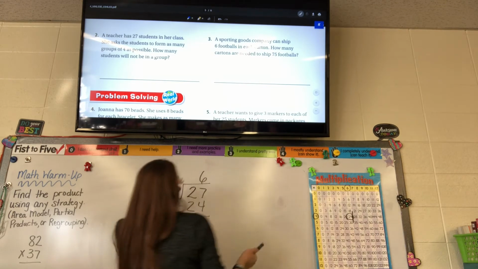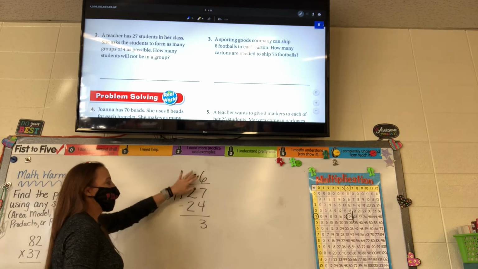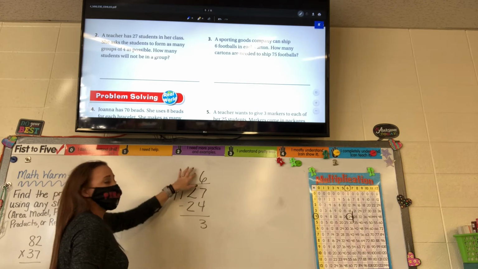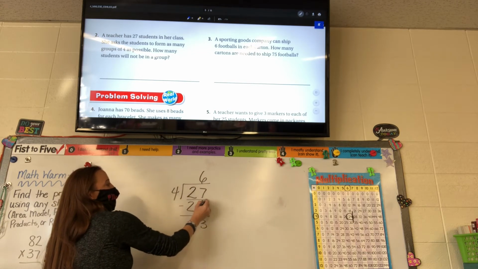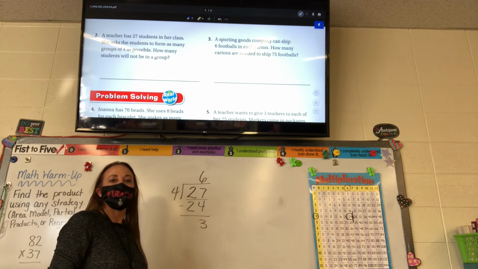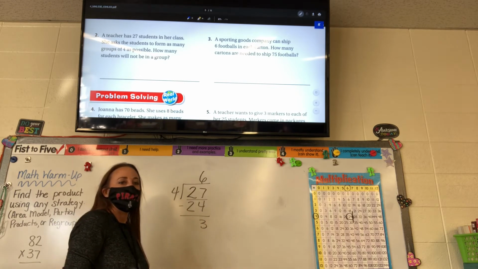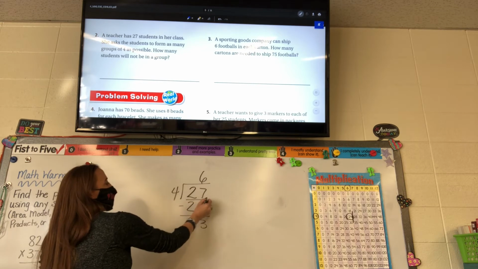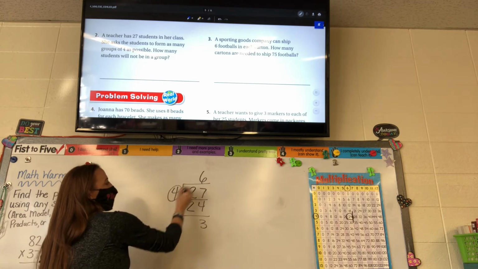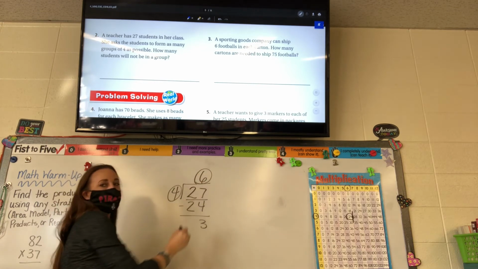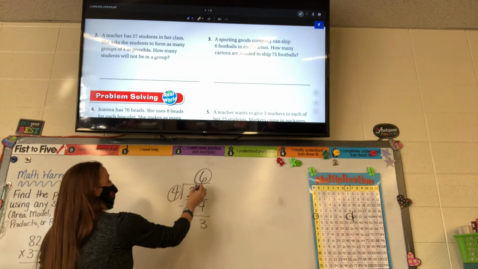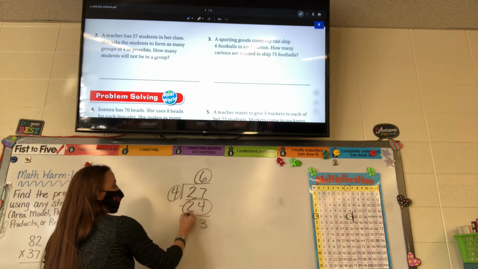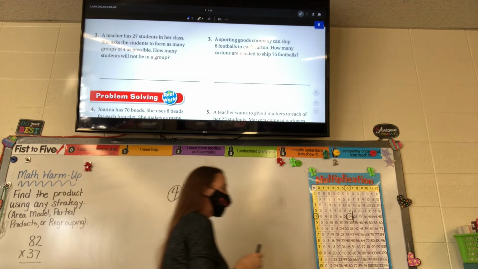Not 6 remainder 3, not 6 3/4, just 3. Because if you have 27 students and you tell them to make groups of 4, they can make 6 groups that will use up 24 students and you'll have 3 left over.